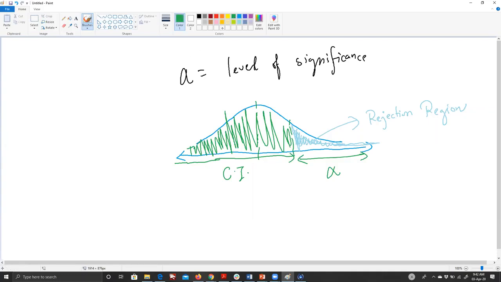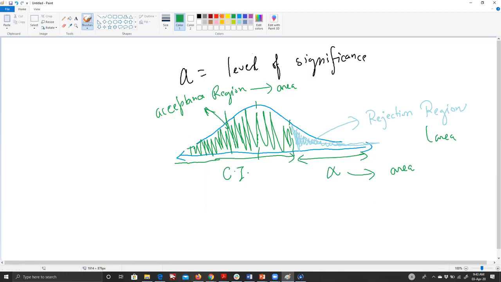The green area is called the acceptance region, and this blue area is called the rejection region. Remember, I have used the word region, so it's basically area. So alpha itself is an area, and this one is also an area.